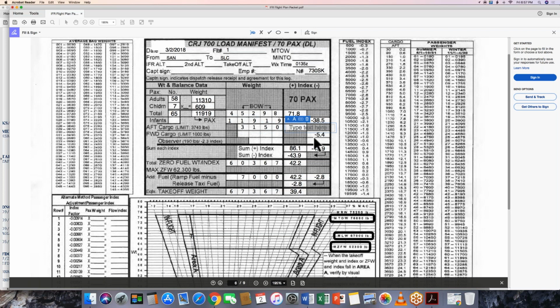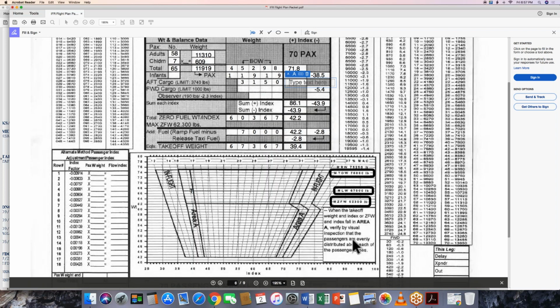We're going to see. I know we have to redo some of our maths here. Just so everybody's on the same page, this would be legal. We could take off in area A, right?